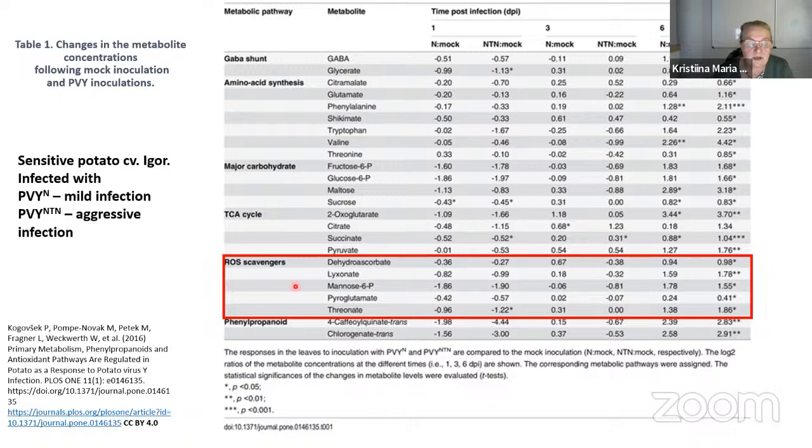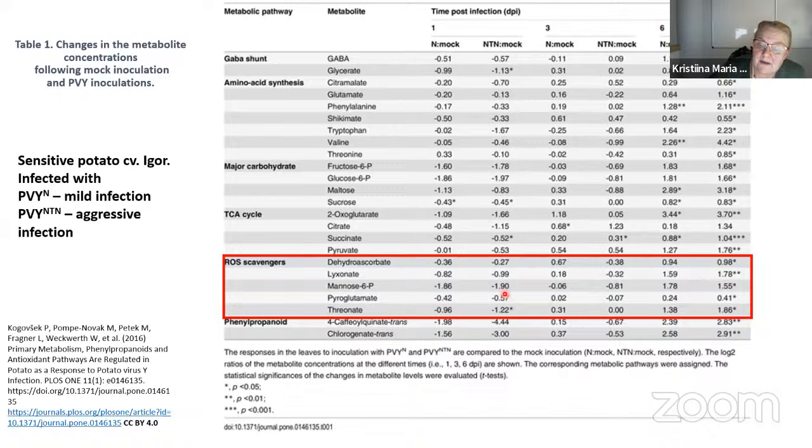But for example, if we look at the ROS scavengers, what was observed was that first of all, towards the end of the infection, on day 6 after the infection, there was induction of these metabolites.